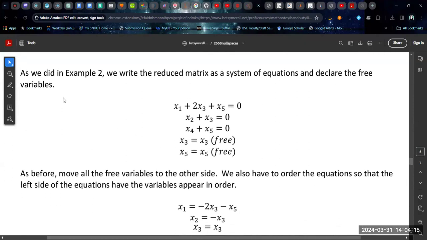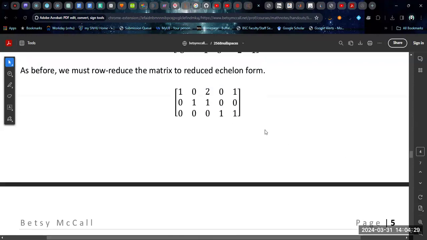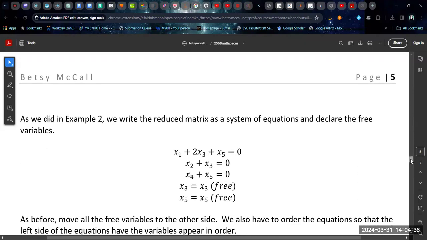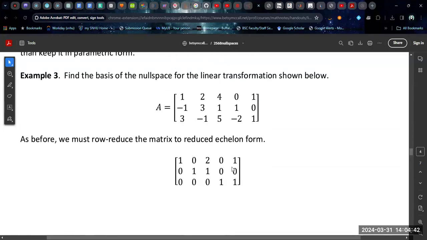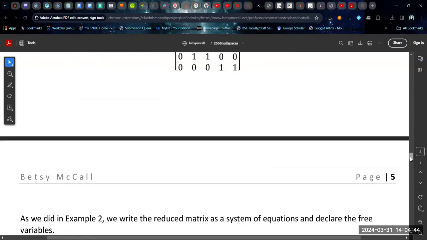Now, as we did in example 2, we're now going to write the reduced matrix as a system of equations and declare the free variables. So our first equation, x1 plus 2x3 plus x5 is equal to 0. Again, if we go back, x1, no x2, 2x3, no x4, x5 equal to 0 because it's a homogeneous solution. x2 plus x3, no x4 and x5.